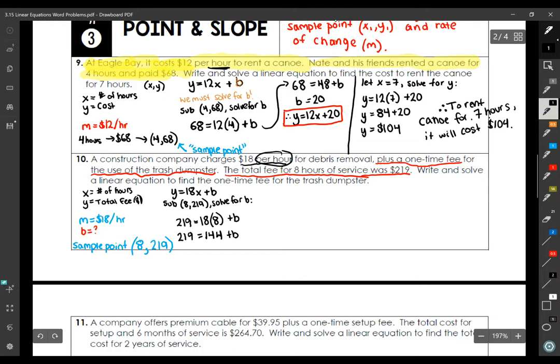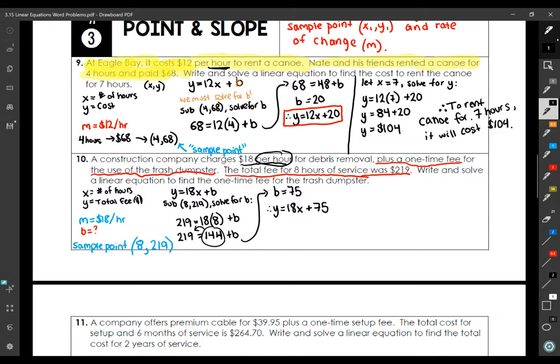plus b, and that is going to give us a b equal to, well, remember, we've got to pick that up and move it over. So 219 minus 144, and that gives us a b equal to 75. Okay, so that means my equation is y is equal to 18x plus 75.